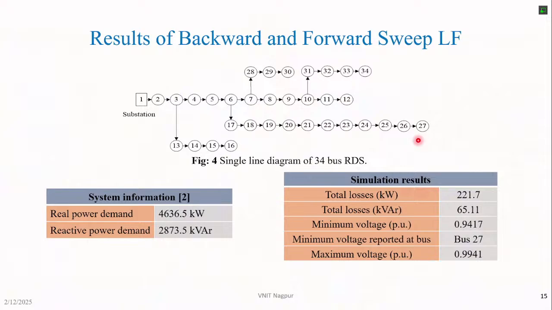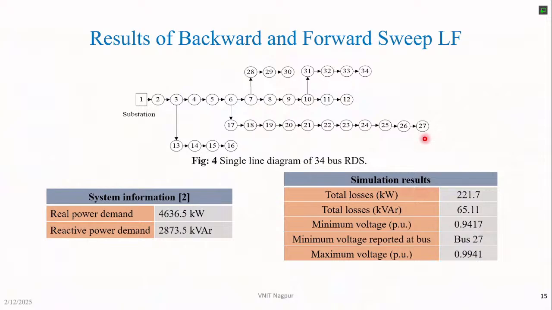Now if we are not going to use an optimizer algorithm, and I just put a capacitor bank on bus number 27, a certain load data will be there.